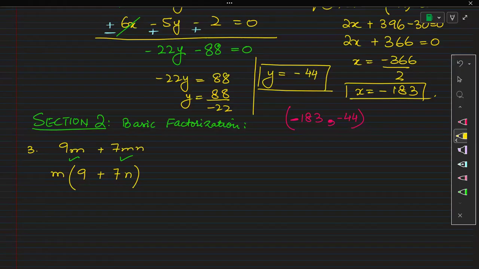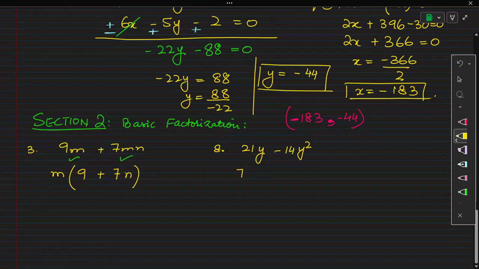Okay. Now, let's do question number 8, which is 21y minus 14y squared. Now, again, look at the coefficients 21 and 14. Is there any number which can divide both of these two numbers, 21 and 14? So we have 7, right?